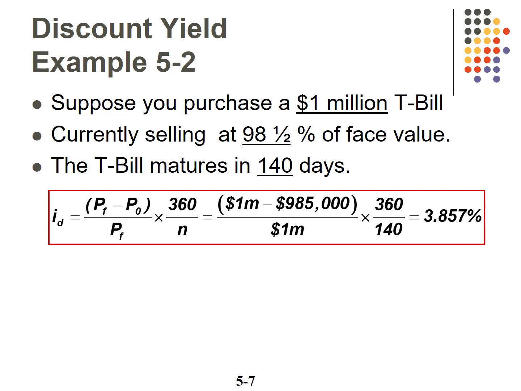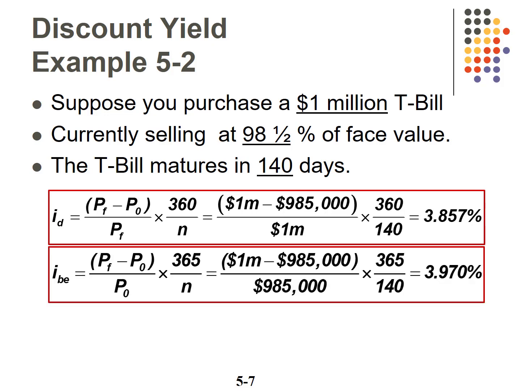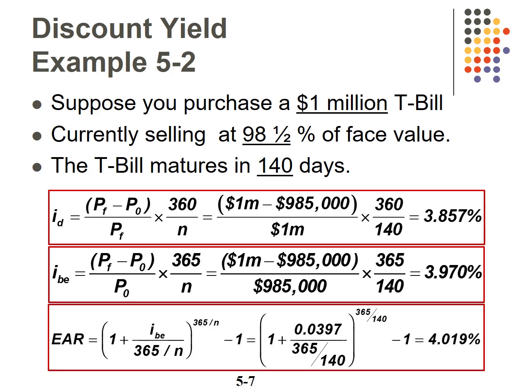Discount yield, 3.857. Converting the yield to a bond equivalent yield uses the 365-day year. Bond equivalent yield, 3.97%. Finally, the conversion from bond equivalent to EAR. EAR, 4.019%. Don't miss the -1 at the end of this formula.